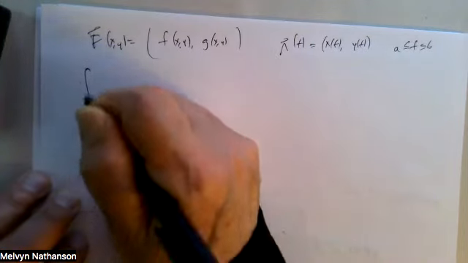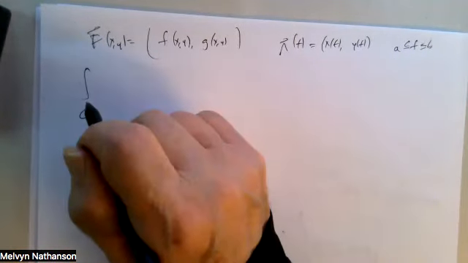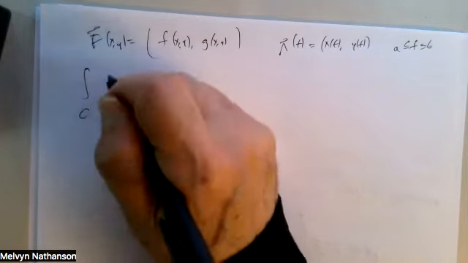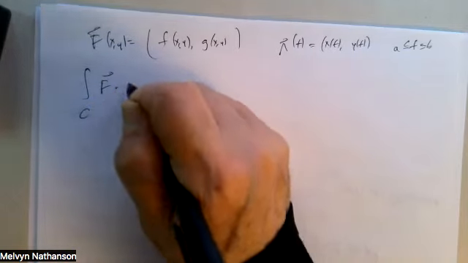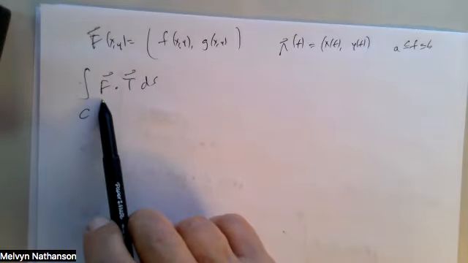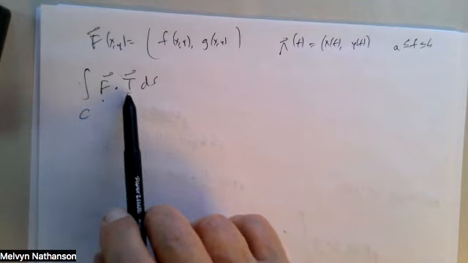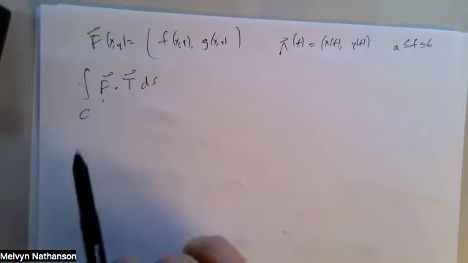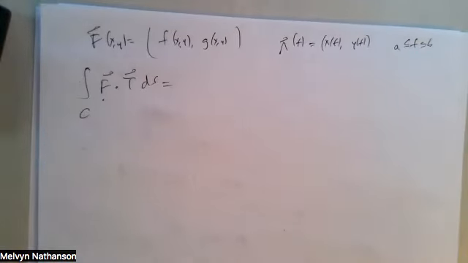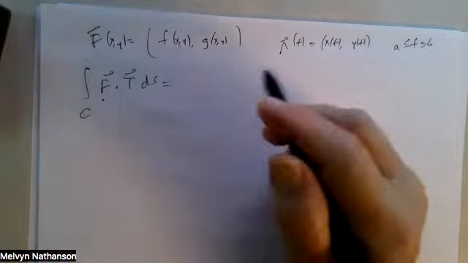And the integral along the curve C of F dot T ds. This is the dot product of the vector field with the unit tangent vector. So that's a scalar. So this is reduced to the line integral of a scalar function.